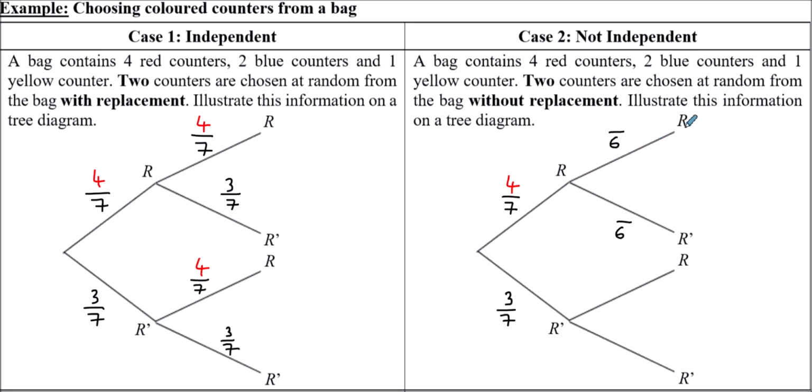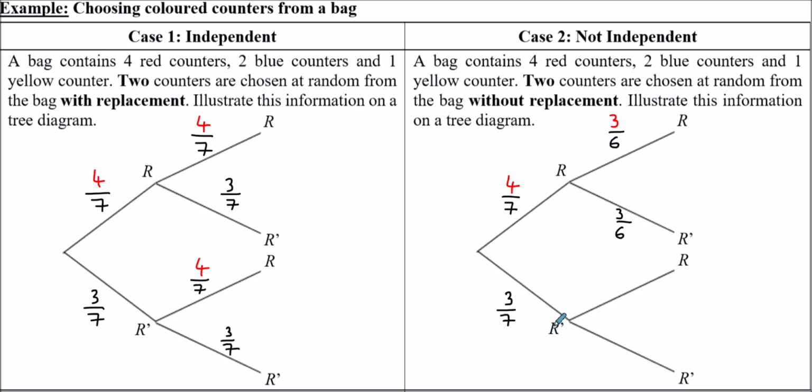So the chance of picking a second red would be 3 reds, 1 less than before, because 1 red was picked and not replaced, out of 6, because there's 1 fewer counters in total. 7 take 1 gives us 6. Likewise down here, the chance of not picking a red would be 3 out of 6, so 50-50.